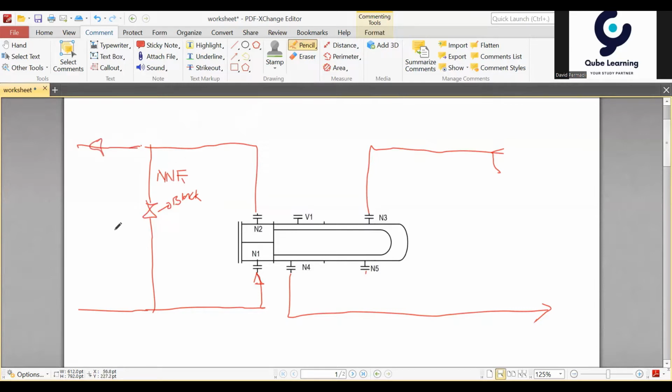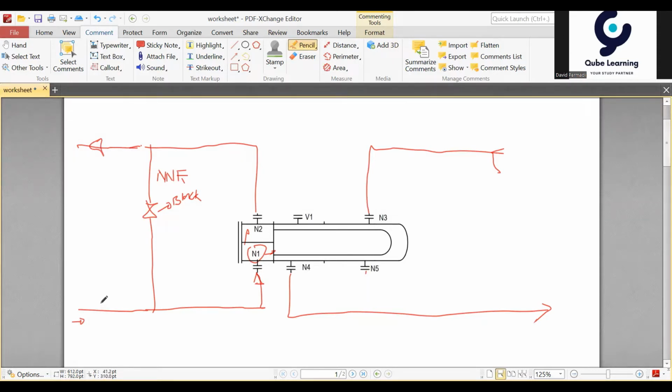Then normally the cooling water supply will circulate through this and go to N1. I will ensure that the cooling water circulates inside the tube and comes out through N2 here. So the normal flow is for N1, N2, and this one.